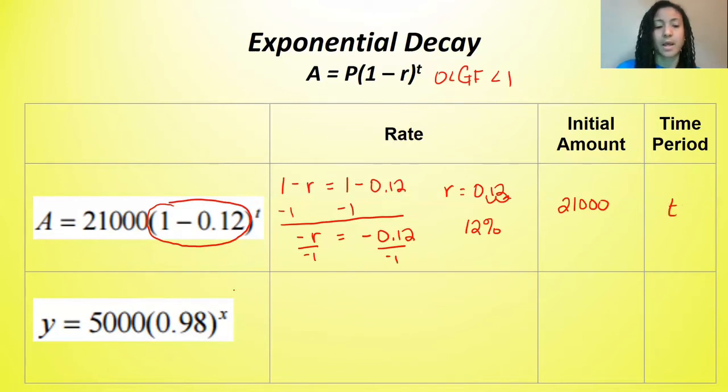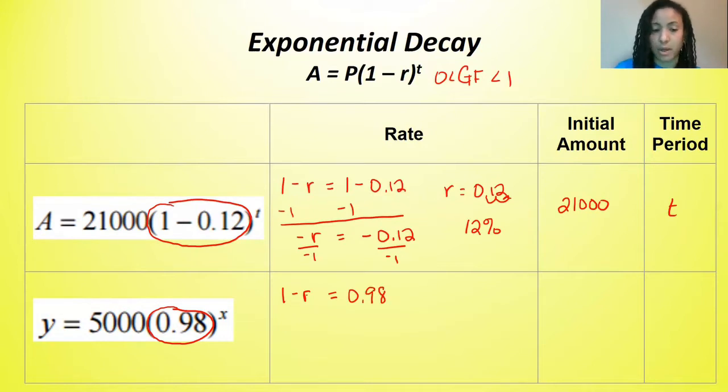All right, now let's look at our last one here. If you notice, look at this factor here. It is less than 1. That's how we know it's decay. All right, so we have 1 minus r because that represents decay, and we want to get to a value of 0.98.